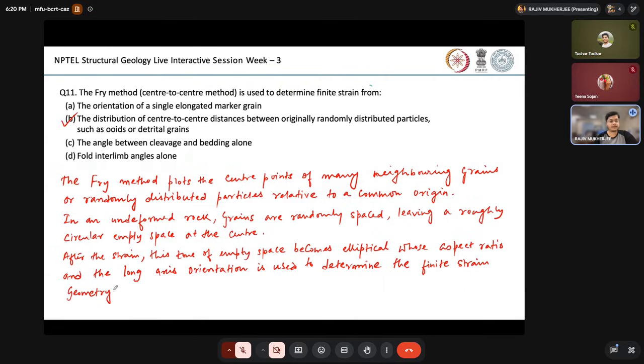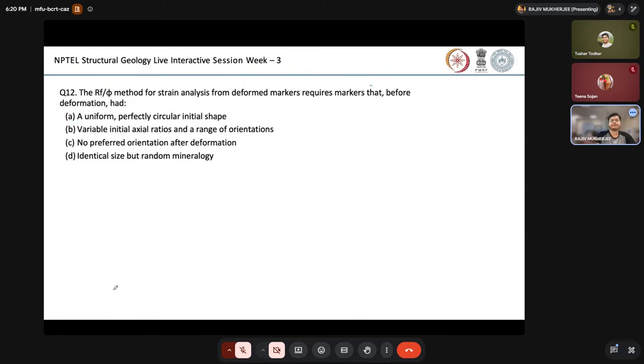Okay, so this is how the center to center method or the Fry method is carried out.